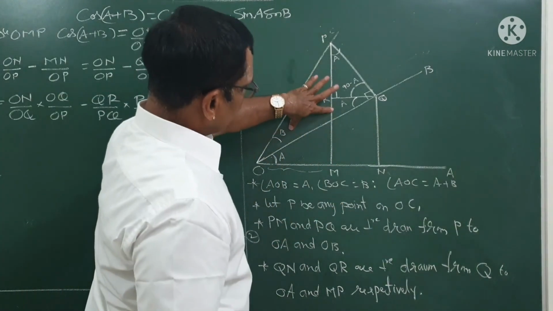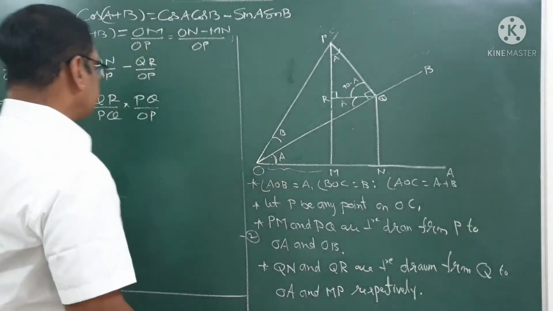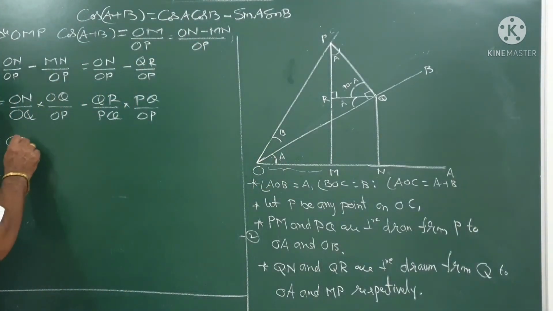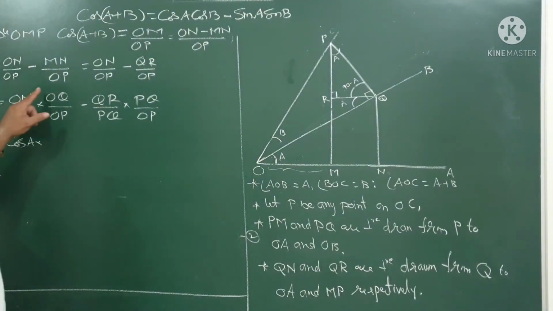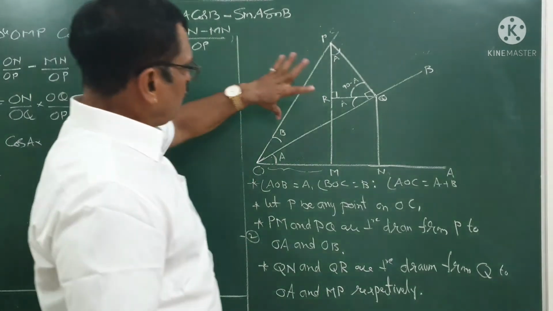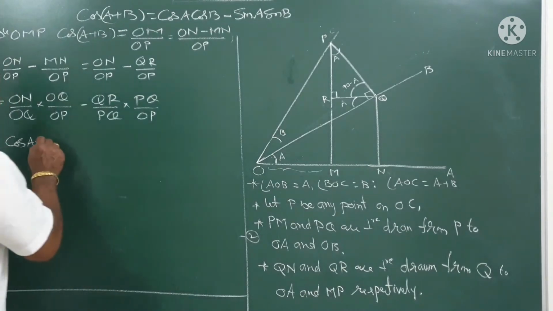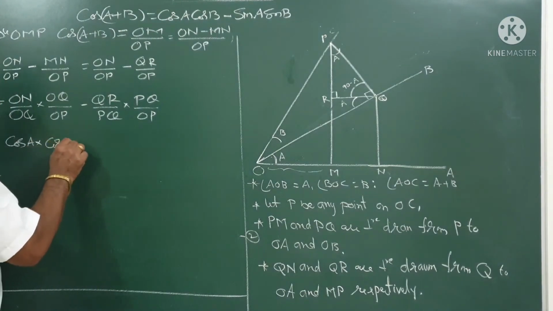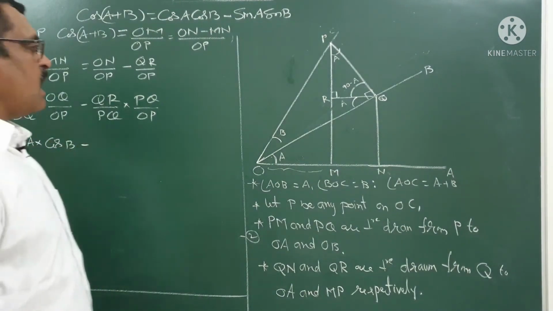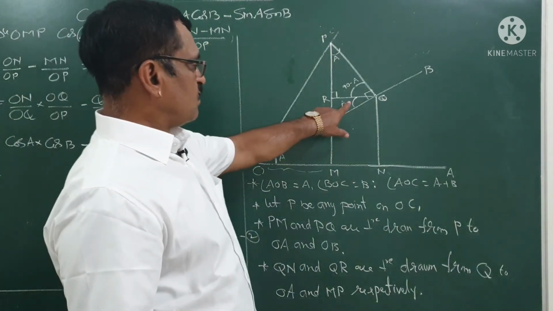ON by OQ is nothing but cos A, times OQ by OP. OQ by OP is nothing but cos B. Minus QR, where is QR? Yes, this is QR.